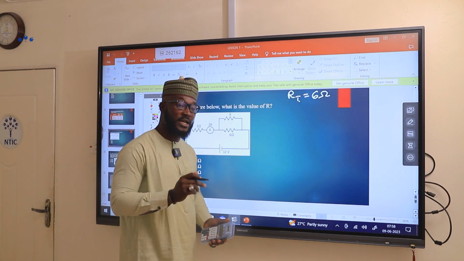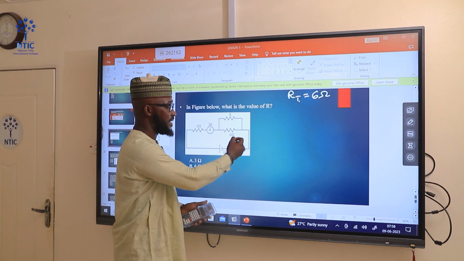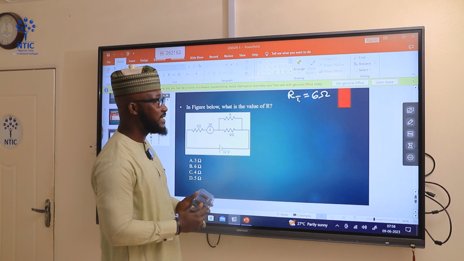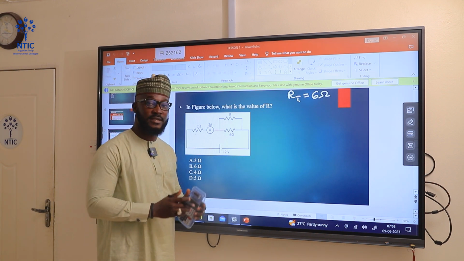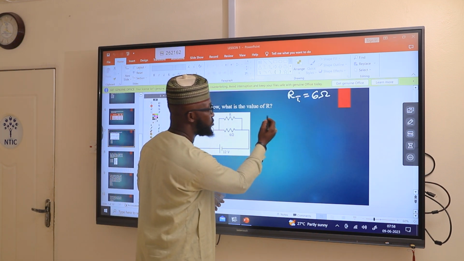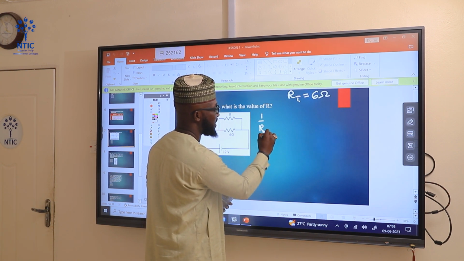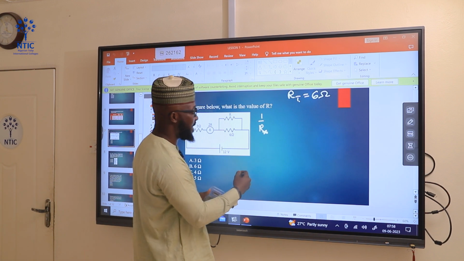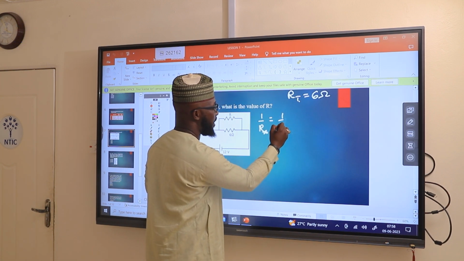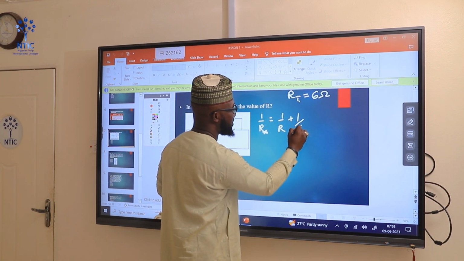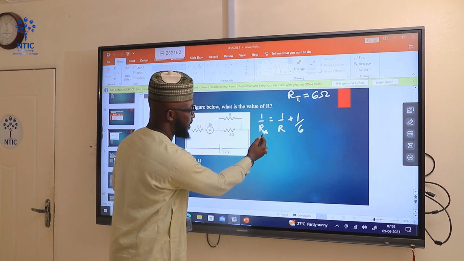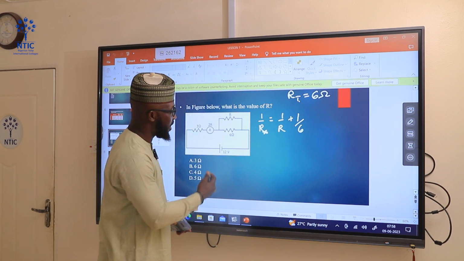So we are going to pick the connection in parallel, which is R and 6 ohms. We need to find the equivalent resistance, which we do by saying 1 over R equivalent, or let's call it Rx, equals 1 over R plus 1 over 6.